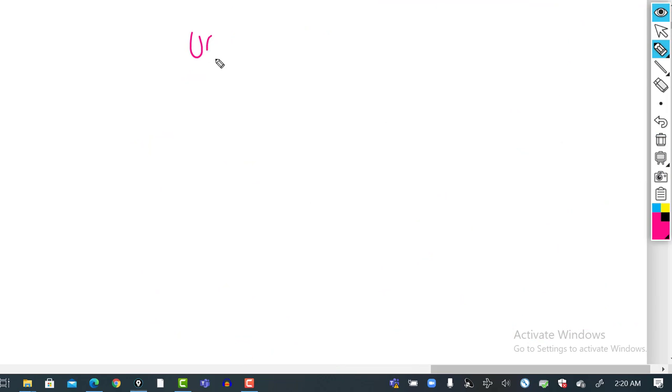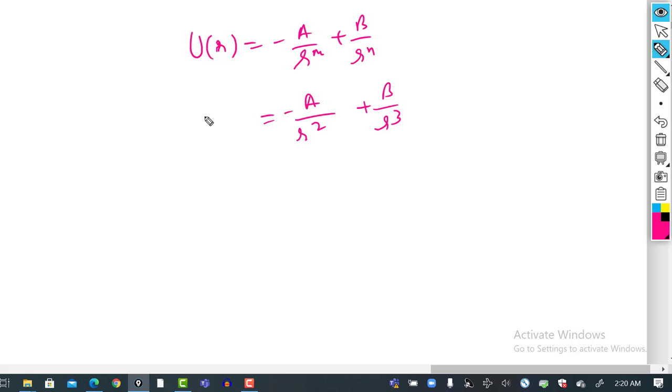Suppose U of R is given as minus A by R to the power M plus B by R to the power N. Let's simplify it: minus A by R square plus B by R cube. Now, this is energy.